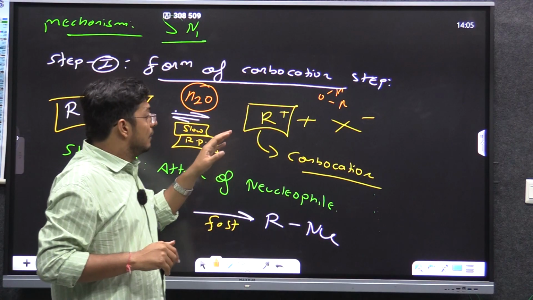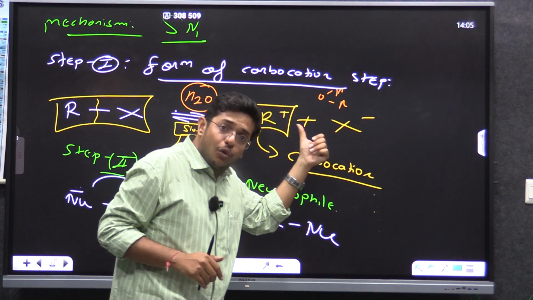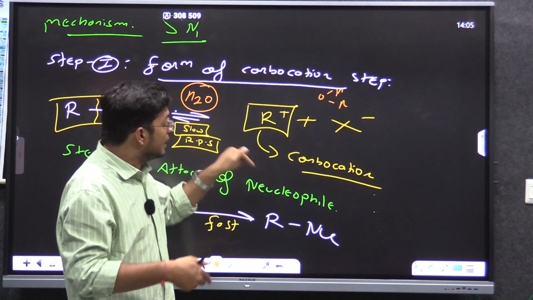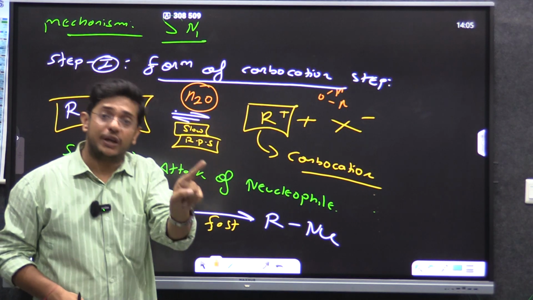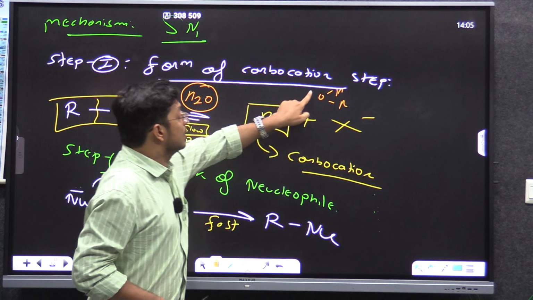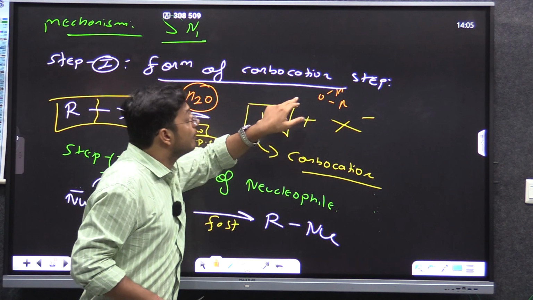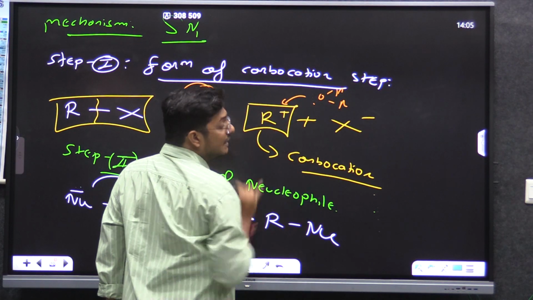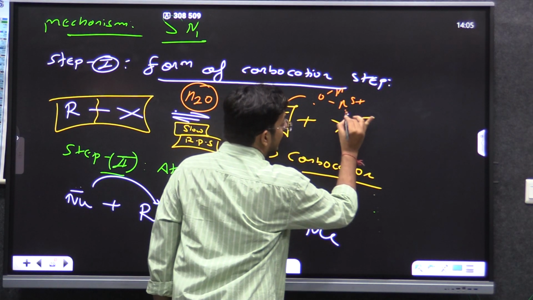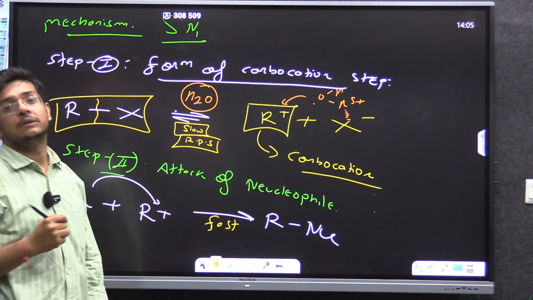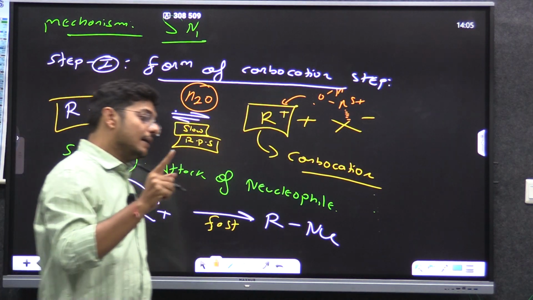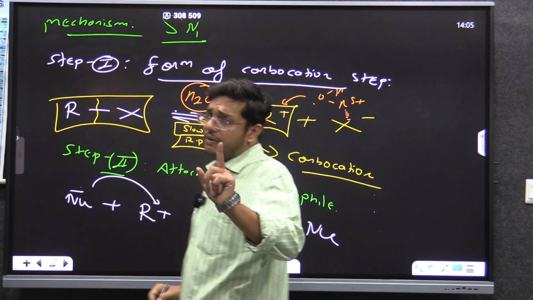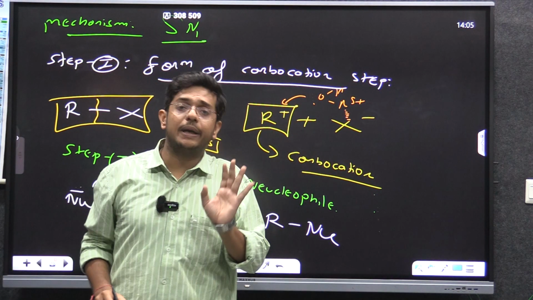Now, we don't want the reaction to go in the backward direction. For this, we need to add this polar protic solvent. The beauty of the polar protic solvent is that it can polarize the cationic part as well as the anionic part. That's why in the SN1 mechanism, the role of the solvent is very, very important.